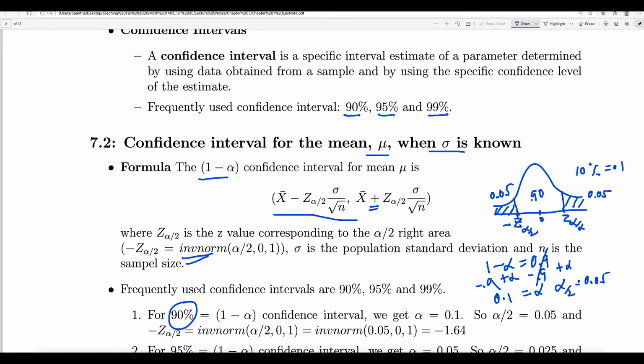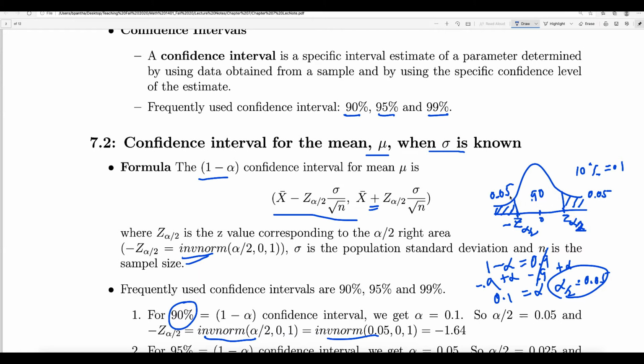For example, to find negative g alpha half, you do inverse norm and then 0.05. What is 0.05? 0.05 is alpha half. So negative g alpha half is inverse norm of alpha half, comma, 0, 1, which is inverse norm of 0.05, 0, 1, and that gives you negative 1.64. Now to find the positive g alpha half value, what is the left area?